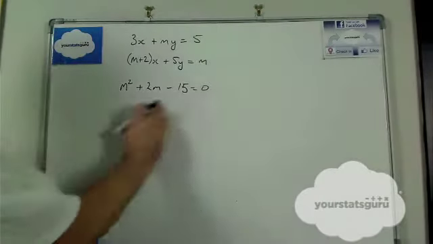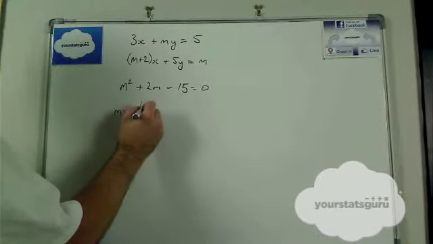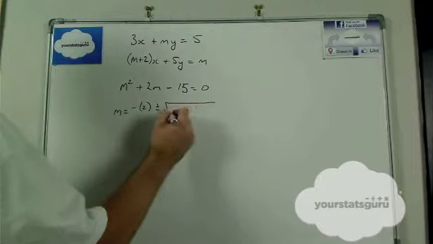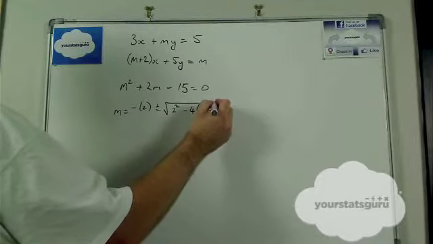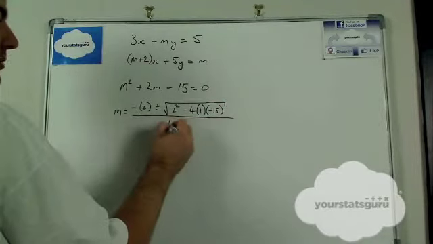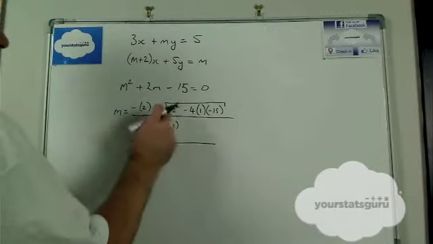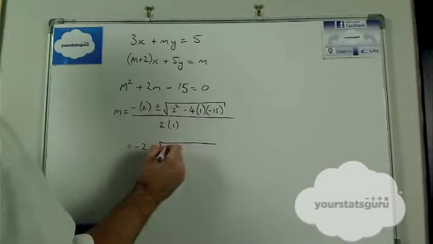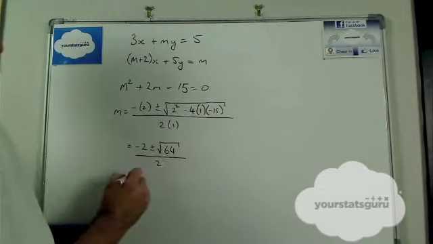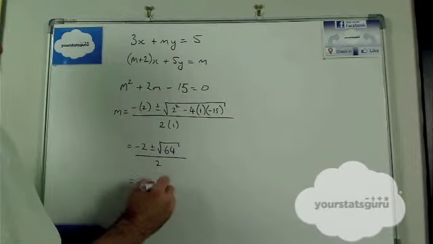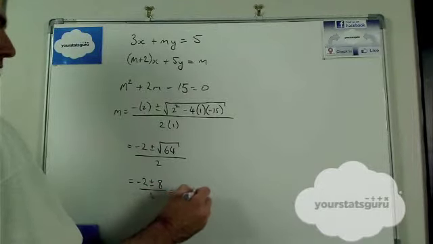So, to solve this quadratic, we use the quadratic formula. So we know that m is equal to minus 2 plus or minus the square root of 2 squared minus 4 times 1 times negative 15, all over 2 times 1, which gives us negative 2 plus or minus the square root of 4 plus 60, which is 64, divided by 2, which gives us negative 2 plus or minus 8 over 2, or negative 1 plus or minus 4.